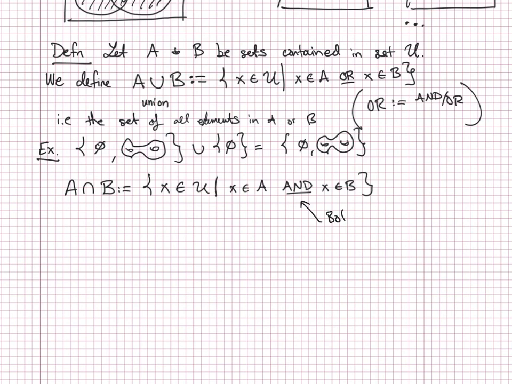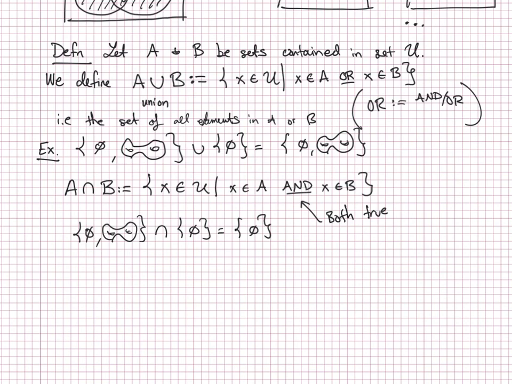I look at the elements that are in A and in B. So in the past example, the set containing the empty set and my two-hole torus, intersect the set containing the empty set, is now just the set containing the empty set, because the two-hole torus isn't in both.